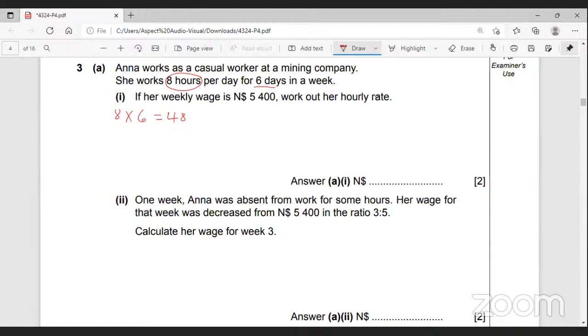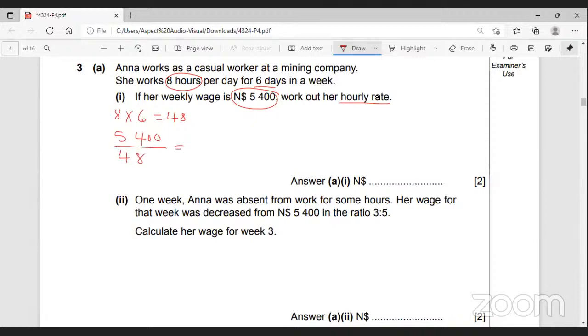Now, her weekly wage is this. How much is she getting per hour? This is what it means, the hourly rate. So it's going to be 5,400 divided by 48 hours, okay?